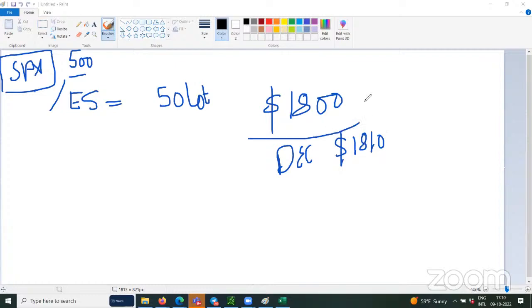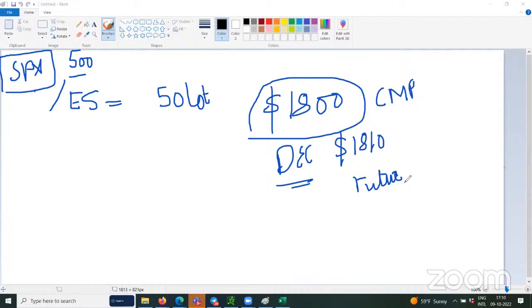Now this is the current price, CMP, current market price of gold, and this is the future price. Each of the futures has an expiry, which is 3 months in the US market. So why do we not buy gold and why do we buy futures?